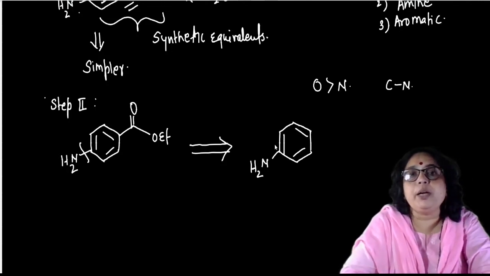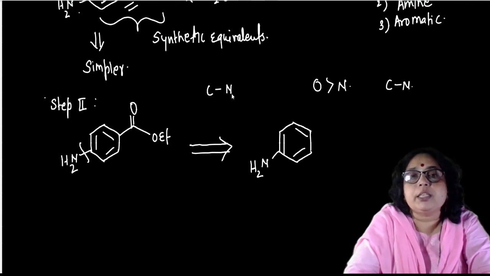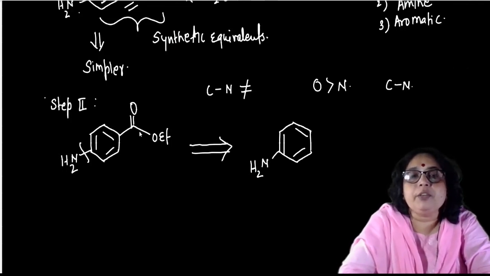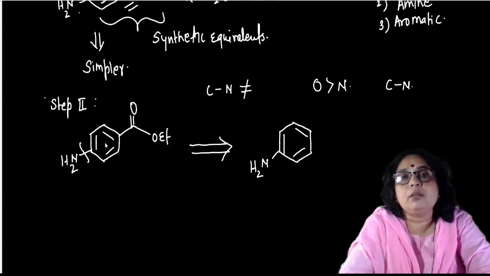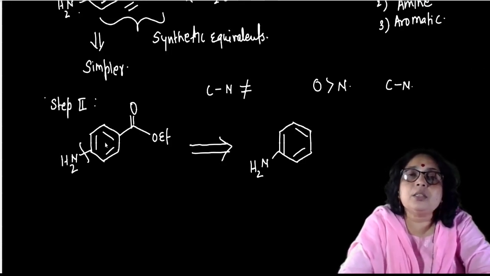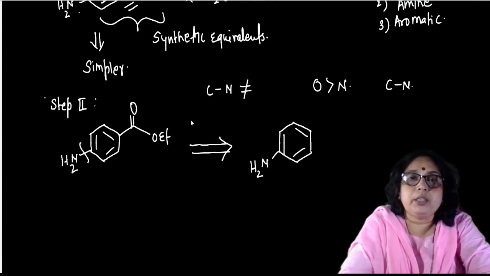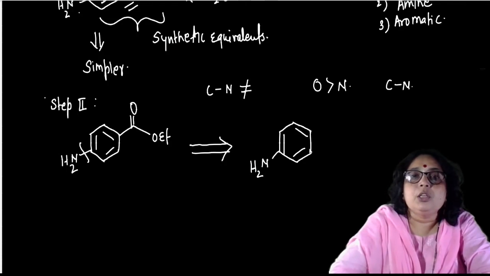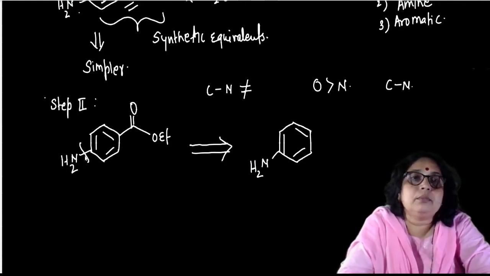I hope you understand why I have not done this CN disconnection. The reason is, if I cut over here, I will get a positive charge on the aromatic ring, and that positively charged aromatic ring is an unstable intermediate. And the reason I have already explained in the first step. So that's why I am not going to cut this molecule.